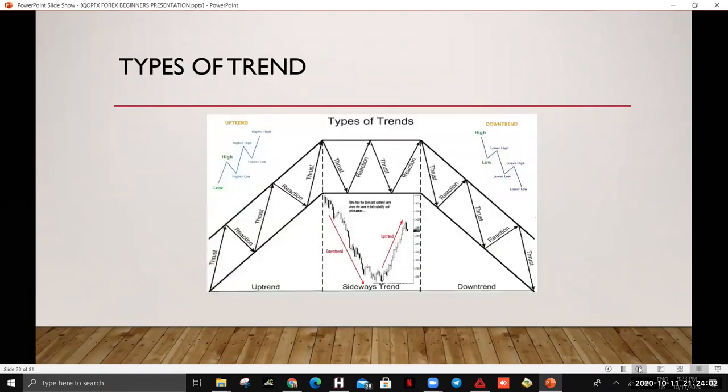Now look at this beautiful picture. This is an uptrend. The market is going up, up, up. Here is a side where there's no trend. This is consolidation. And now see the market is going what? Down.